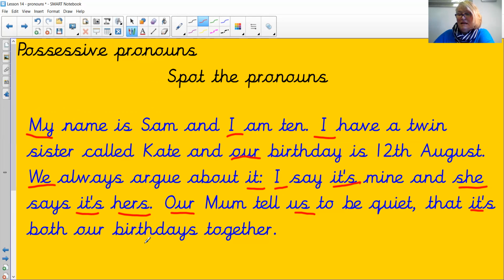It is still referring to the birthday, isn't it? It's still a pronoun, even though it's a contraction as well. It's a pronoun. Our. So we've got a lot of pronouns. That just goes to show how often we use pronouns in our daily talk, in our daily speech.